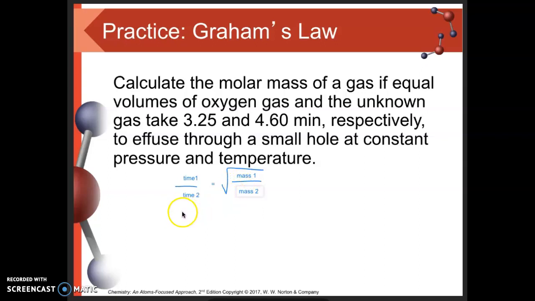So if I put in my values, time 1, 3.25 minutes, time 2, 4.60 minutes, equals the square root of oxygen, which is 32, and our unknown, which we're just going to call x.